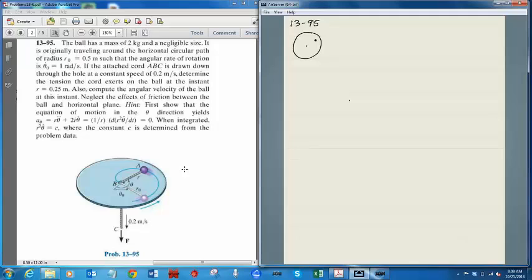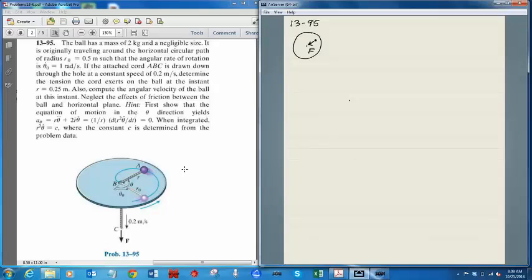I can't show that one either, it's not in this diagram. So the only force that you'll see right here is the tension, which is called F in the problem, so I'm going to label this as F, and it points inward.